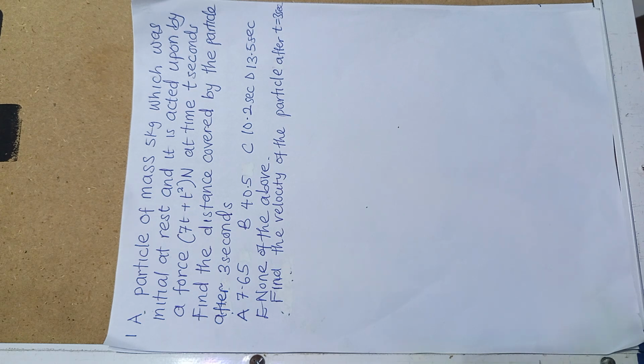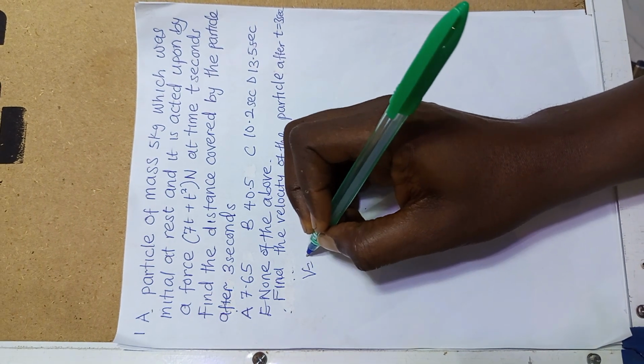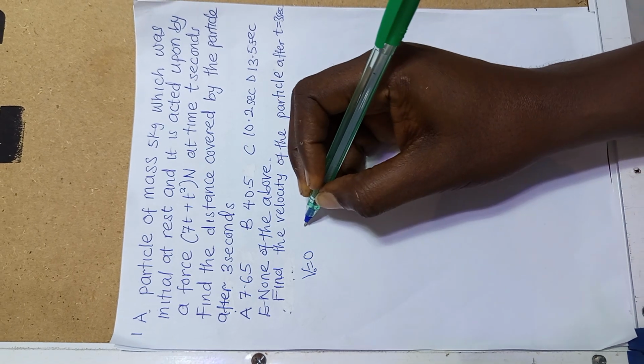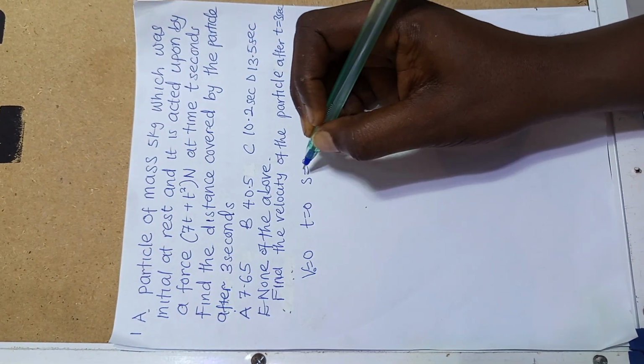This one says: a particle of mass 5 kg, which was initially at rest. That means V naught equals 0, T equals 0, and S equals 0.